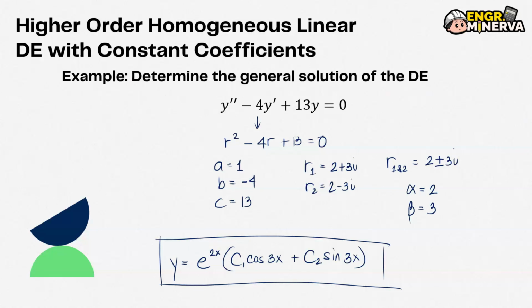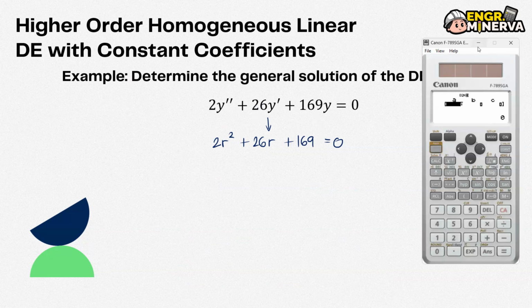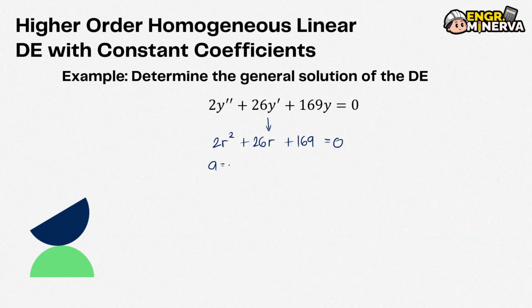Next example. Determine the general solution of the DE. So you convert this into your characteristic equation. You have 2r squared plus 26r plus 169 equals 0. The value of A is 2, the value of B is 26, and the value of C is 169.